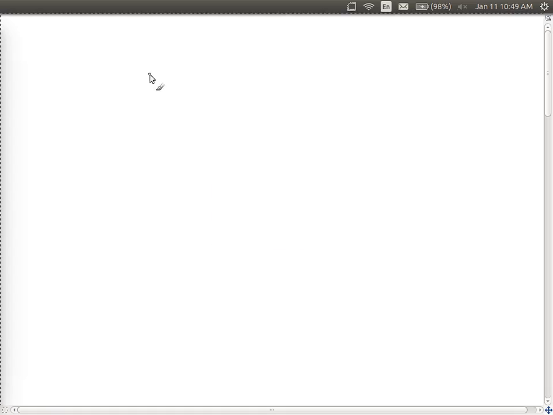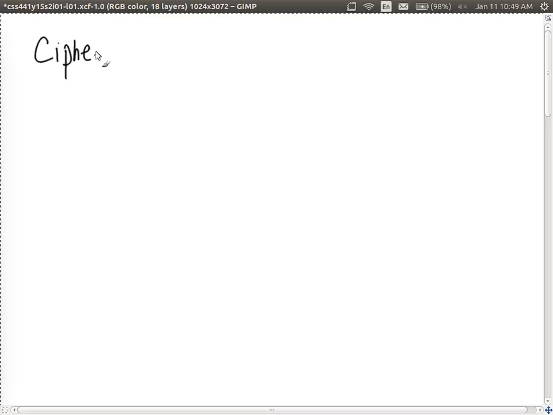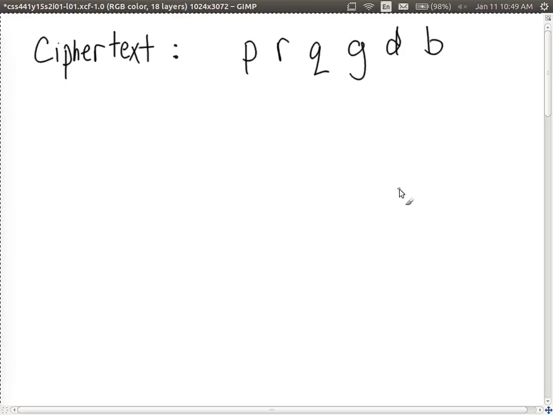Let's have an example. The ciphertext that I'll give you is, let's start with a D. There's the ciphertext.